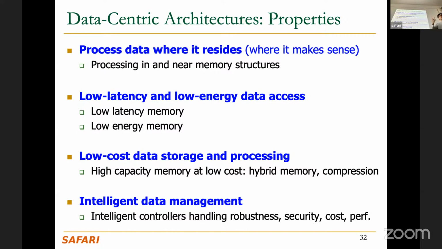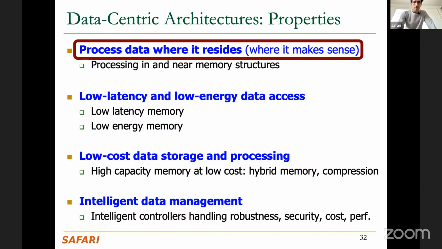Due to these bit flips, vulnerabilities and security threats appear. If you have an intelligent DRAM or memory controller that is able to identify when one particular application might be an attacker because it's trying to cause these RowHammer bit flips, then this controller can probably throttle the accesses from this application that may have bad intentions, let's say.